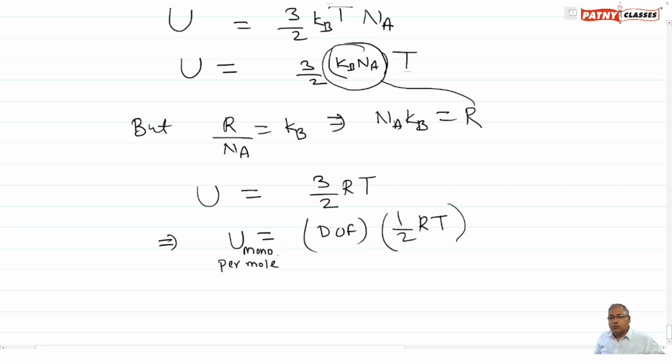So U for a monoatomic gas per mole equals the degree of freedom, that is 3, multiplied by half RT. Therefore, U for a monoatomic gas per mole equals 3 by 2 RT.